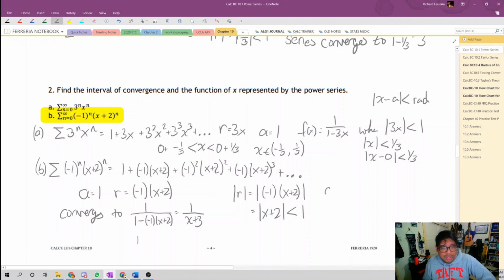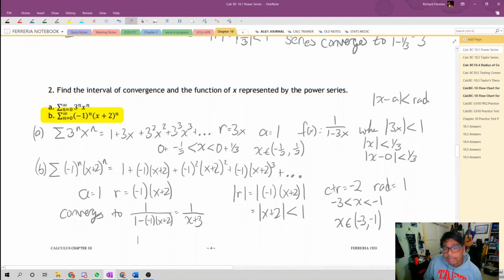So the center here, we're going to call that negative 2, and then the radius, we're going to call that 1. This gives me the interval. x must be between negative 3 and negative 1, which we can also write in interval notation, x between negative 3 and negative 1.